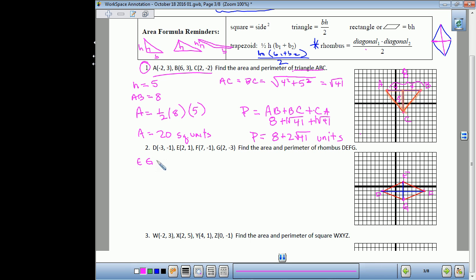What is the length of DF? 10. Okay, so the area of this rhombus is 10 times 4 divided by 2. 20 square units. That's the area, that's it.